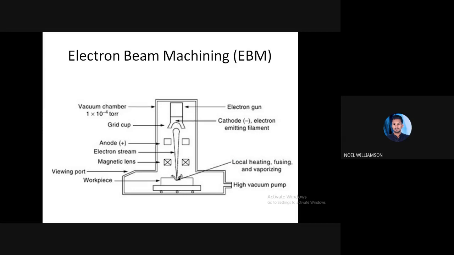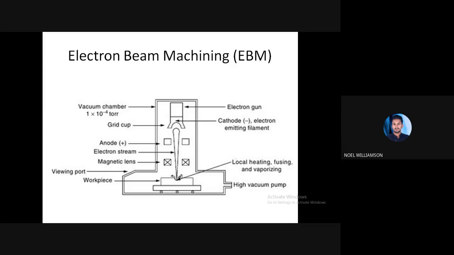This stream of high velocity electrons will have some kinetic energy, and this kinetic energy is transformed into thermal energy. As in the case of LBM or laser beam machining, when the temperature is increased, the metal at the portion melts and evaporates, and we remove this vapor, thereby machining is being done. So this is the basic mechanism of electron beam machining.